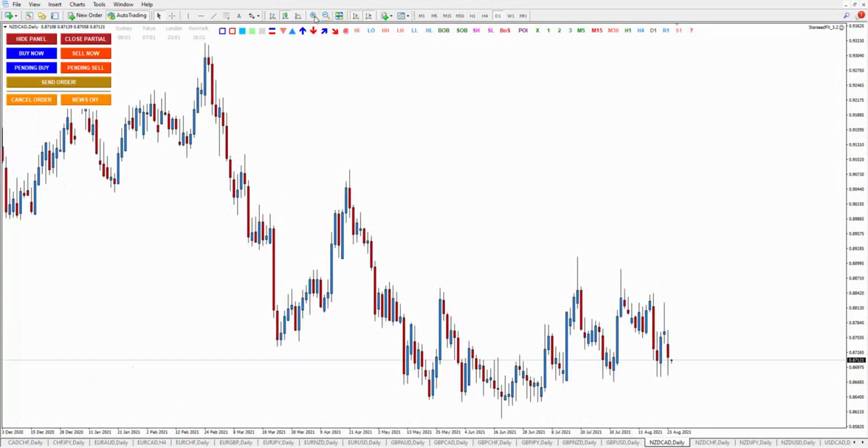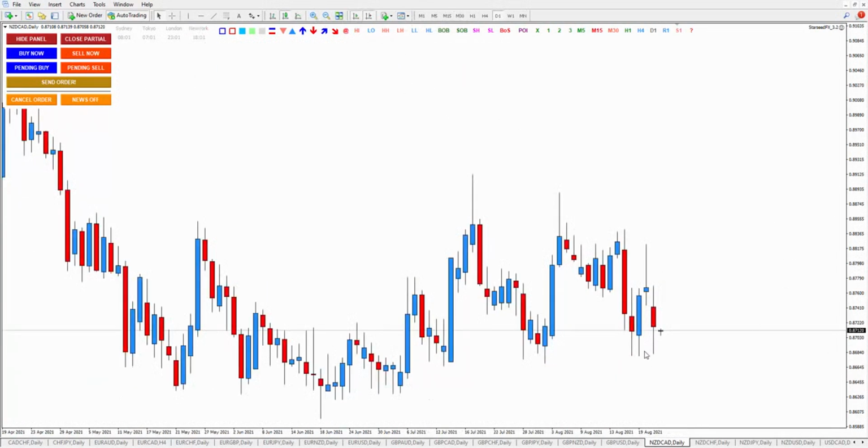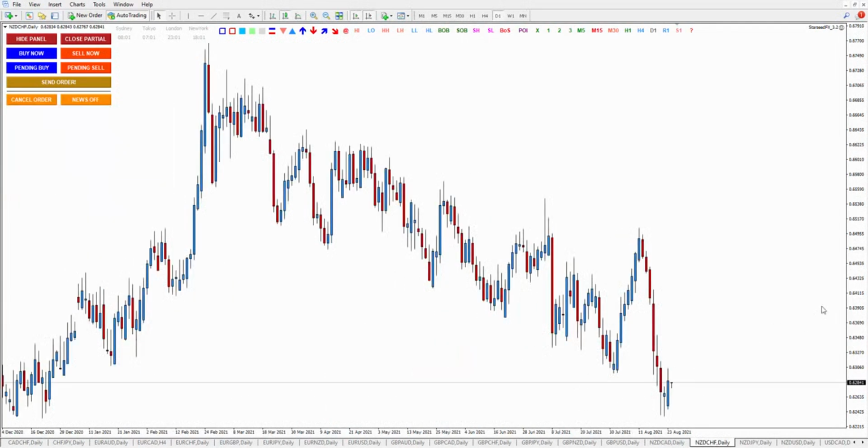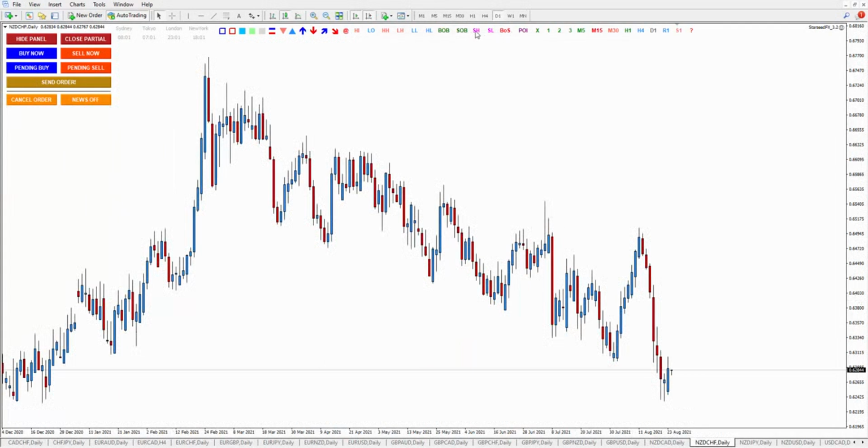Okay, but as for right now, I don't see it really clear. Last week I could see it clear from here, and it already worked. So we just forget New Zealand Canadian for this week. Okay, now let's go to New Zealand Swiss franc, and this is very clear. Let's mark it. This is a swing high, and here is the swing low, and this is the break of structure, and our order block is the last bullish candle before the breakout happened.